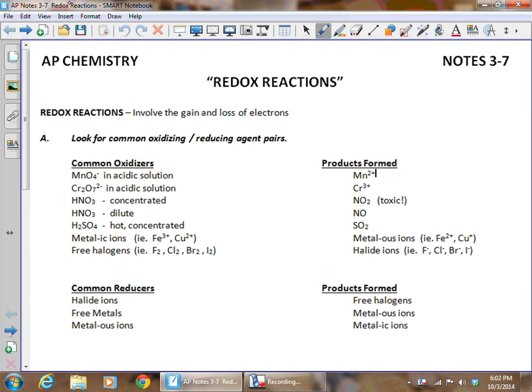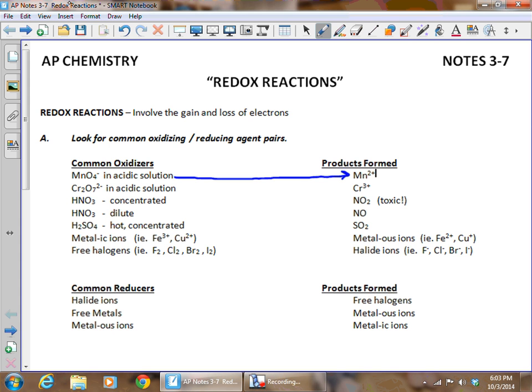Now, looking at this table right here, it's just giving you some ideas of some things that you're going to see over and over again. If you start out with permanganate in an acidic solution, it is going to end up forming Mn2+. It always does.